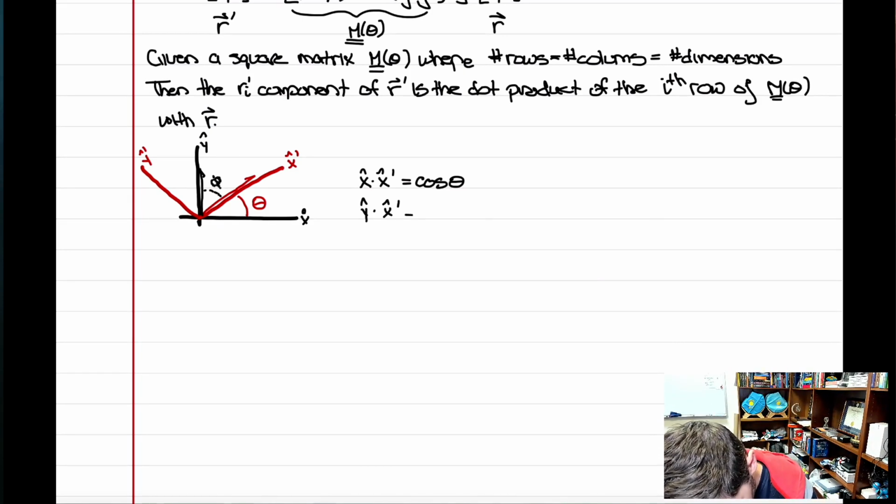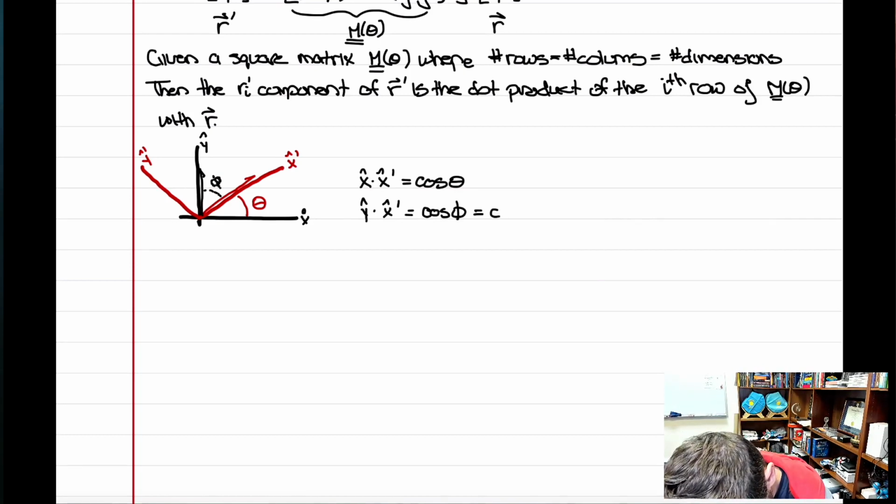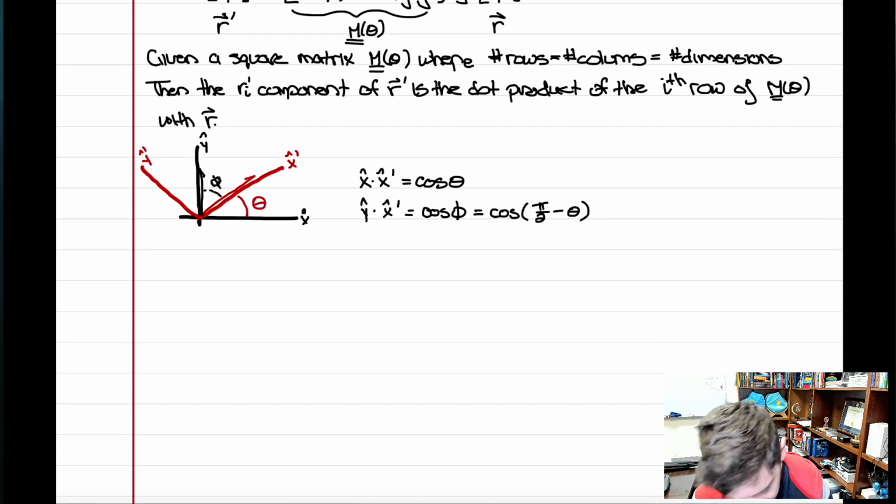If I define that as phi, this looks like it's going to be cosine of phi. But this looks like it's just 90 degrees minus theta in that case. Which, if you think about it, sounds like there's going to be a trig identity there. And indeed, this just ends up becoming sine of theta.